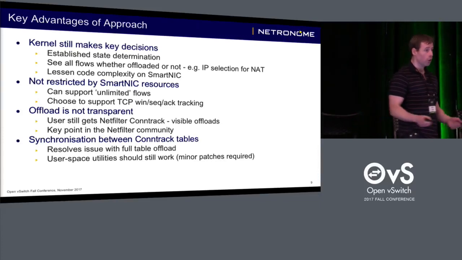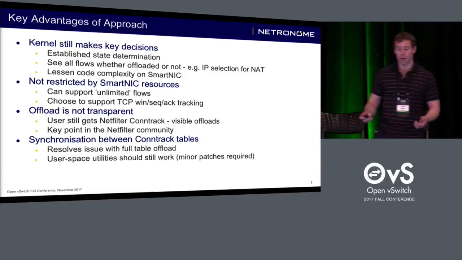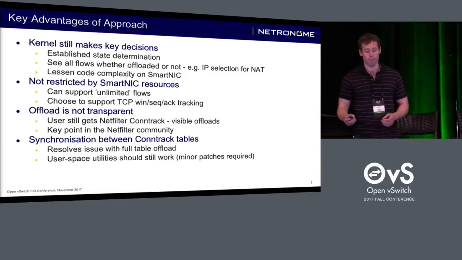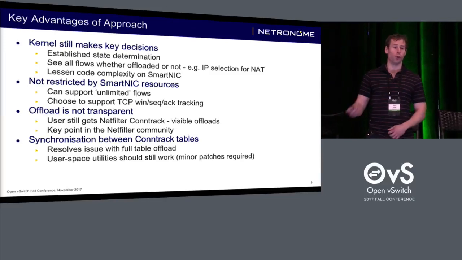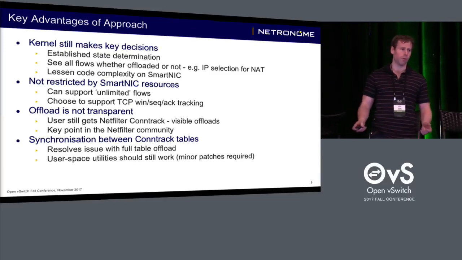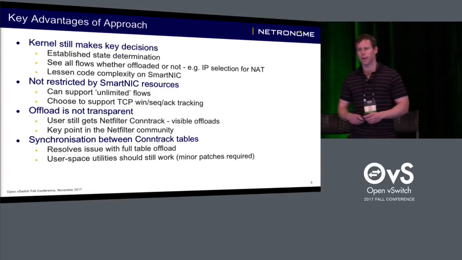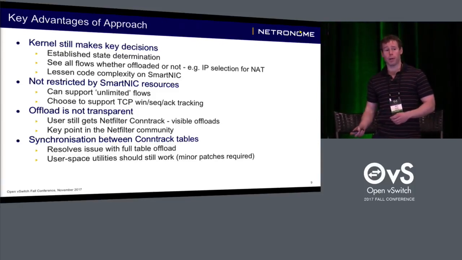Another important point with this is that offload is not necessarily transparent here, so it's not happening without the user knowing. This is something that, when we first broached this idea with the Netfilter community, was very important to them.